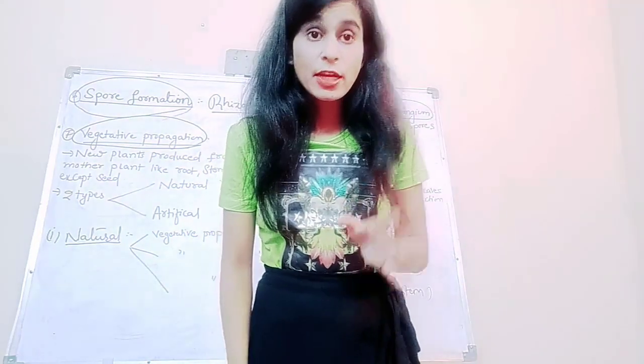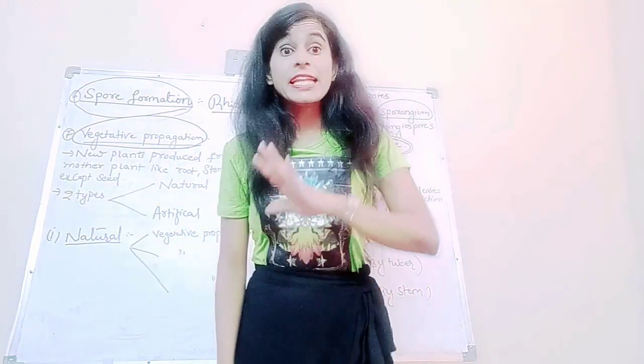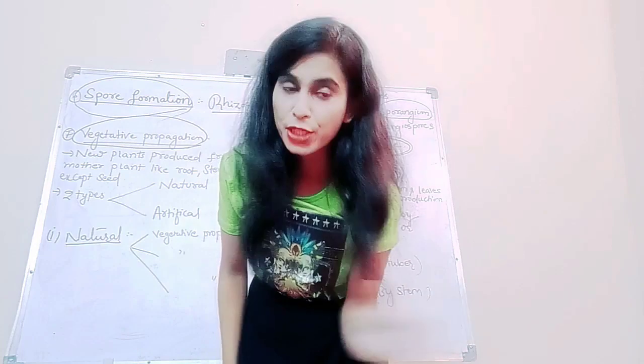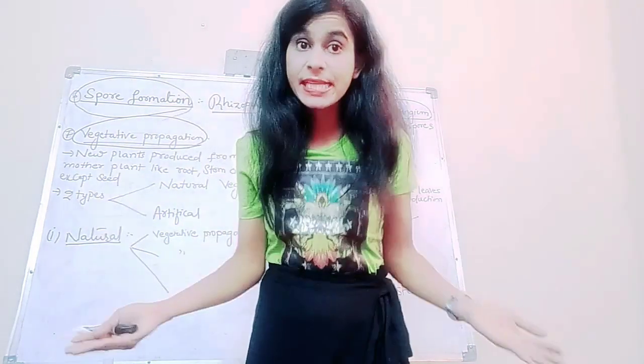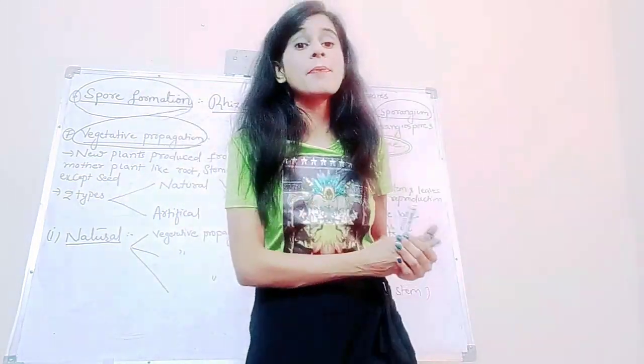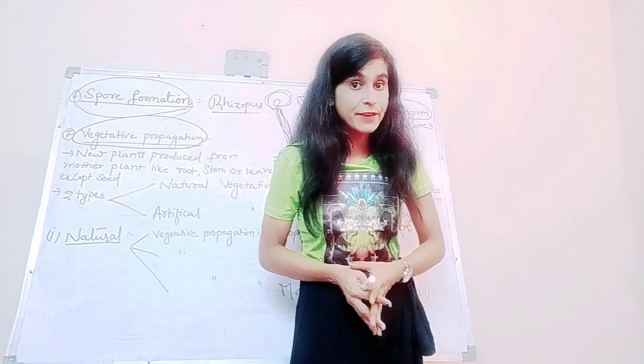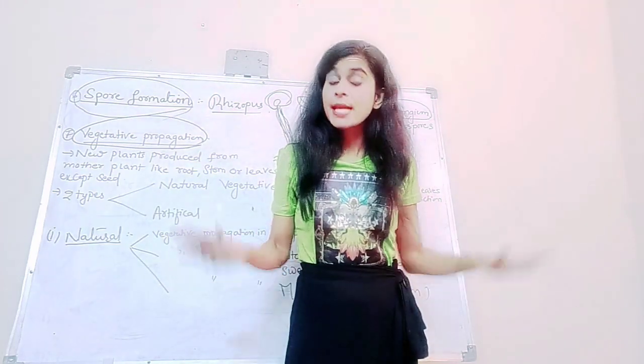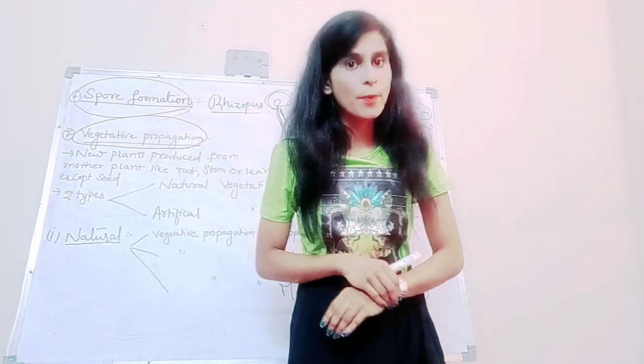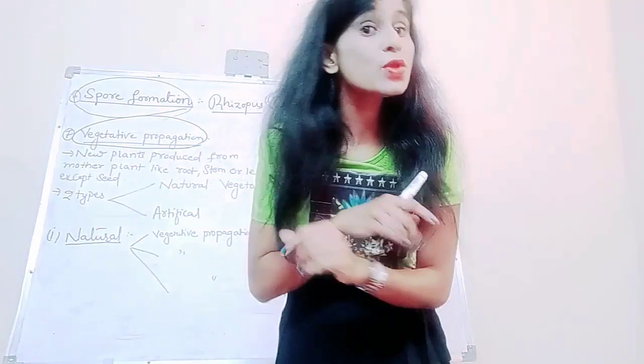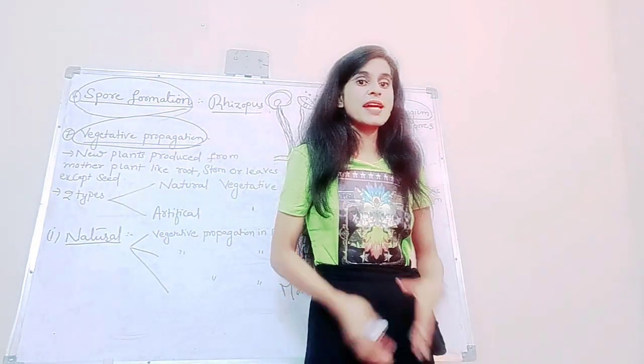Vegetative propagation means the production of a new plant from the mother plant itself, from a part of the mother plant like root, stem and leaves, without involving the seed. And there are two types of vegetative propagation, guys.